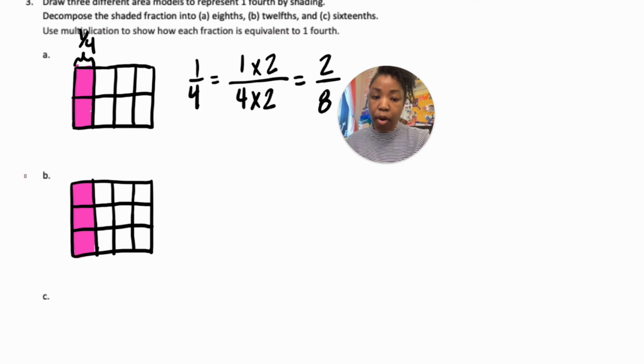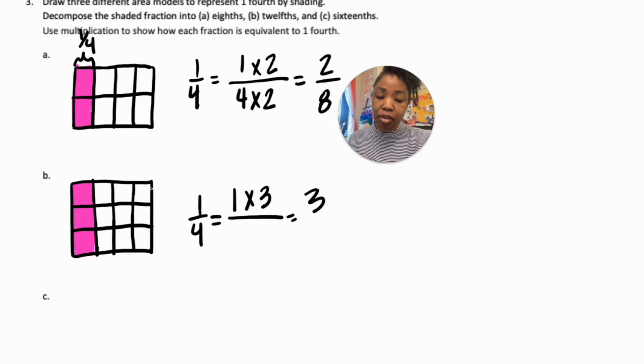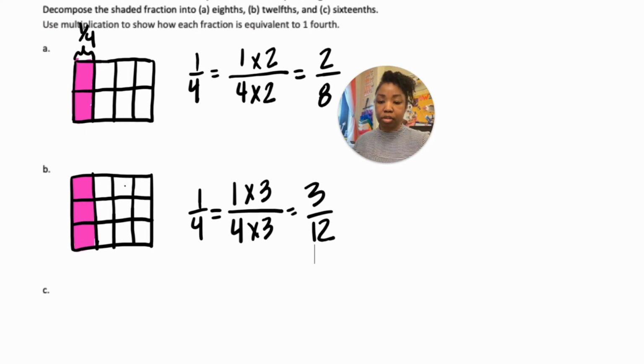It went from 1 part to 3 parts. Parts got smaller, but they also increased in number. So we have 1/4. It was 1 part times 3. Then we had 3 parts. First we had 4 parts times 3. Then we have 12 parts. So 1/4 is equal to 3/12.